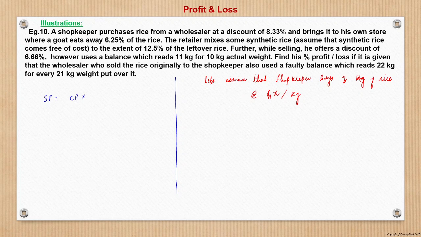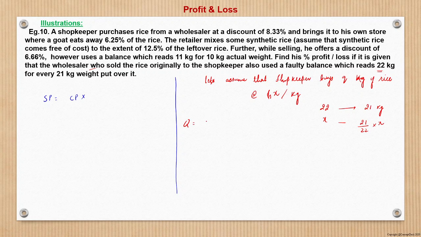This we have assumed. So when the shopkeeper buys Q kg, quantity is Q kg, but it's given that the shopkeeper has bought from a wholesaler who is using a balance that reads 22 kg for every 21 kg. So if the actual weight is 21 kg, the reading will be 22 kg. If the reading is X kg, the actual weight will be 21 upon 22 into X. So now what will be the quantity?